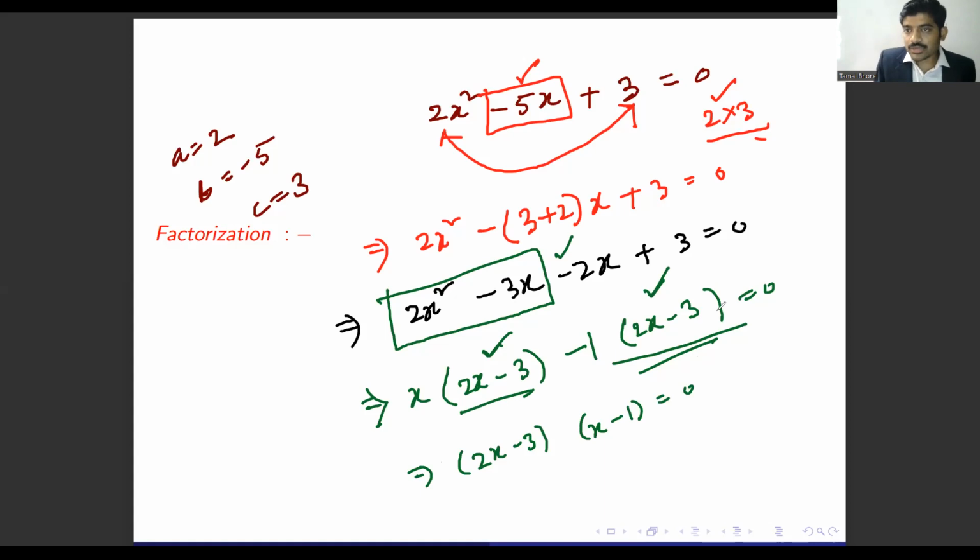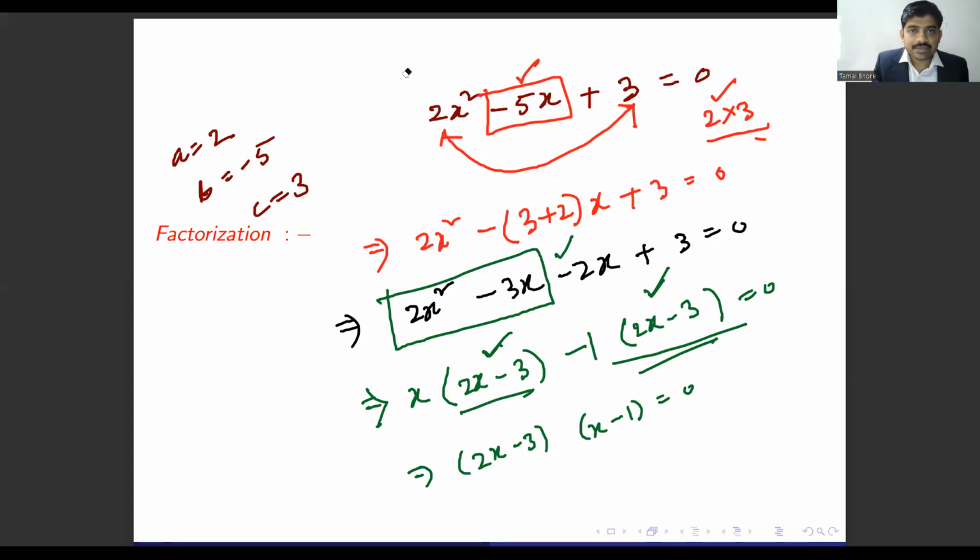Now, as we know, if the product of two numbers is 0, suppose A and B are two numbers, their product is 0, then one has to be 0. If you multiply two non-zero numbers, their product can't be 0. So one has to be 0. But the problem is we don't know which one is 0. So basically what we take is either A is equal to 0 or B is equal to 0. So same approach we will do here.